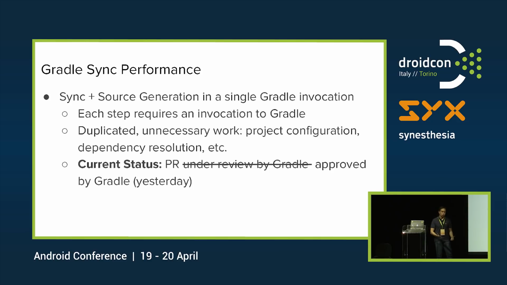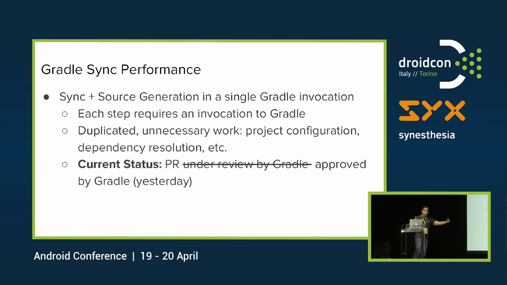And then we understood that what we think is Gradle sync is just part of the process of communicating with Gradle. For us, all this time we've been thinking that Gradle sync was the process where we talk to Gradle, get the project structure, and apply that. But to our users, Gradle sync is that plus the source generation step that happens right after that.